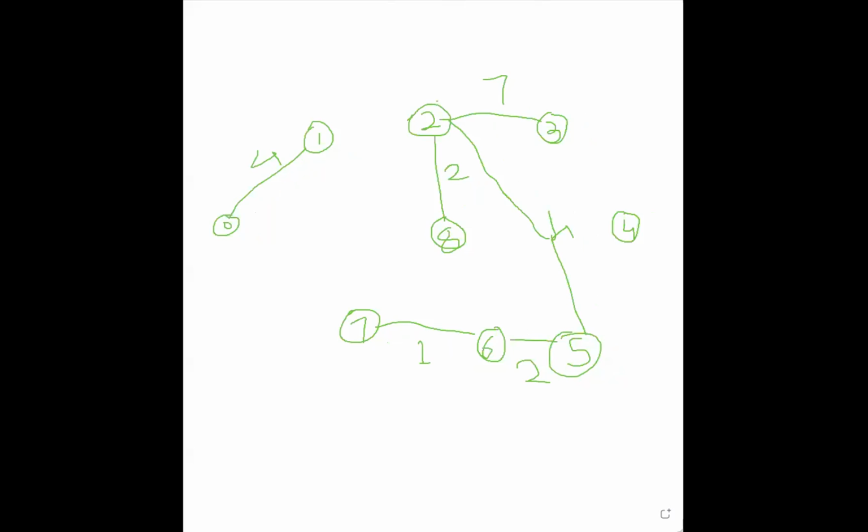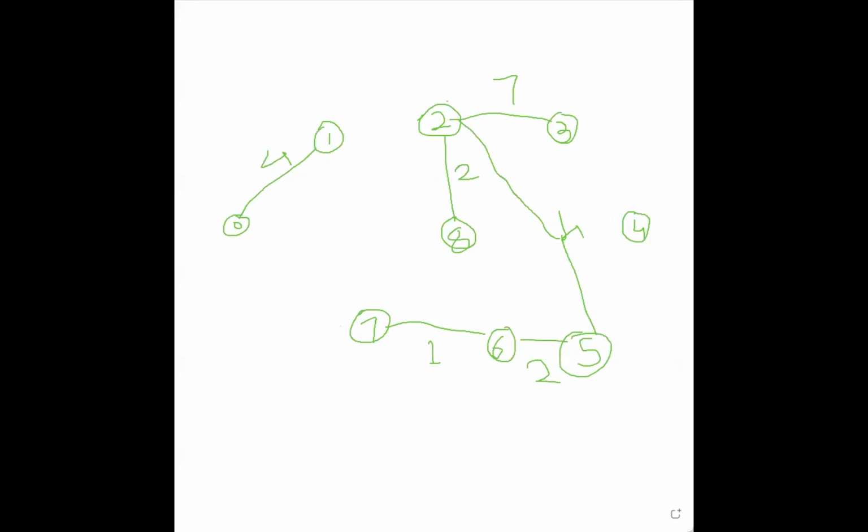It will again form the cycle. Okay. 7 to 8 will form the cycle 2, 5, 6, 7, and 8. So we will discard that 7 to 8. Now, which is the next step then?